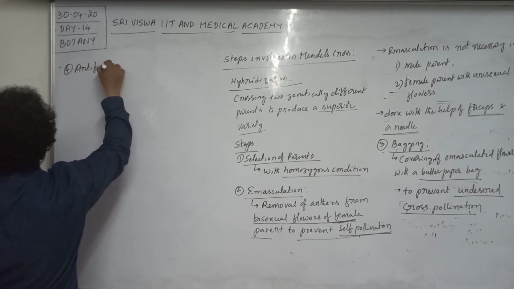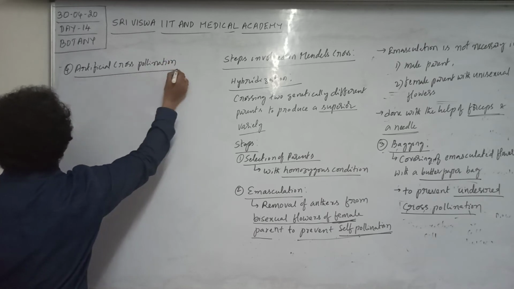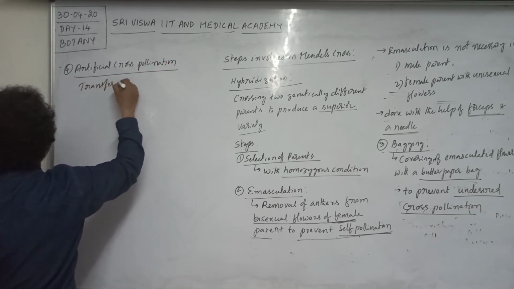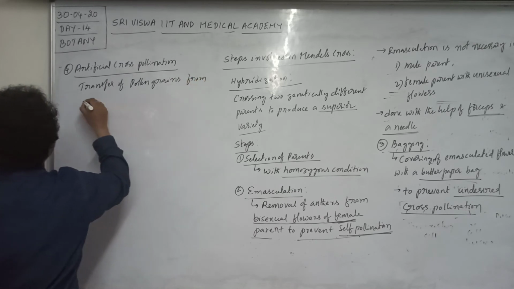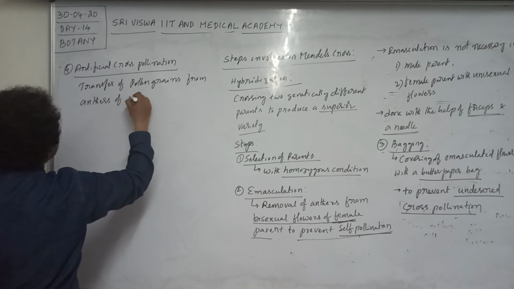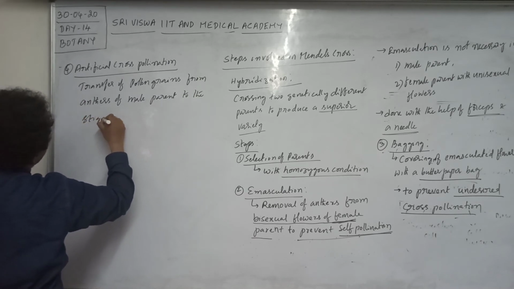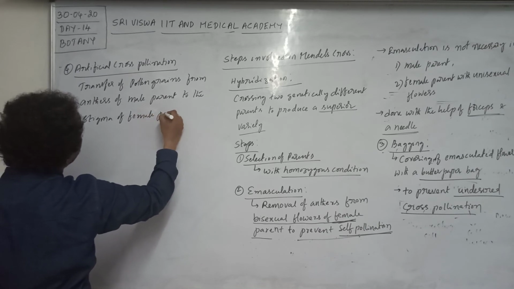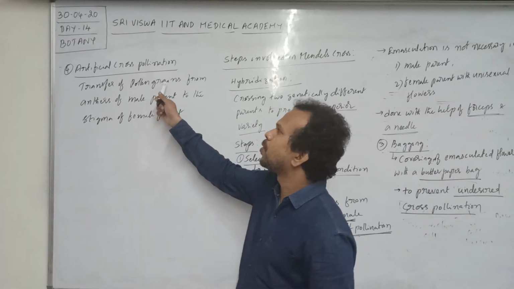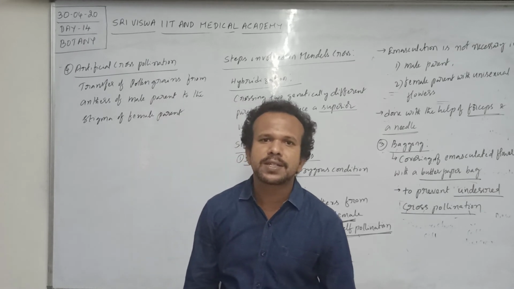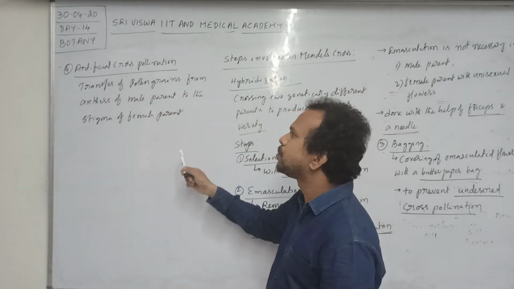After the bagging step, the next important step involved in hybridization experiment is artificial cross pollination, which means transfer of pollen grains from anthers of the male parent to the stigma of the female parent.